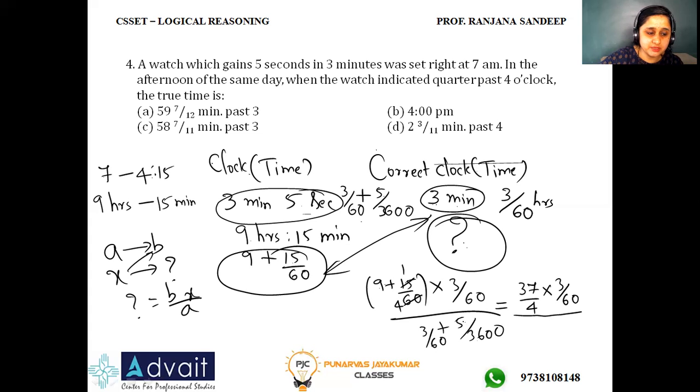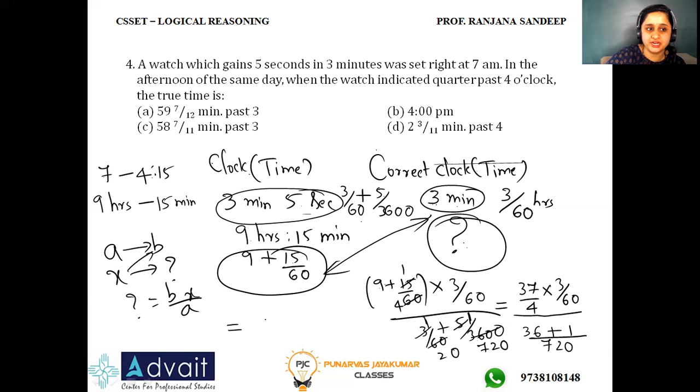Okay, so further I'm going to divide these two. So 3 by 60 is nothing but 1 by 20, and 5 by 3600 is 1 by 720. So what is the LCM of 20 and 720? It is 720. So now 20 times what gives 720? 20 times 36 gives 720, plus 1. Yes.